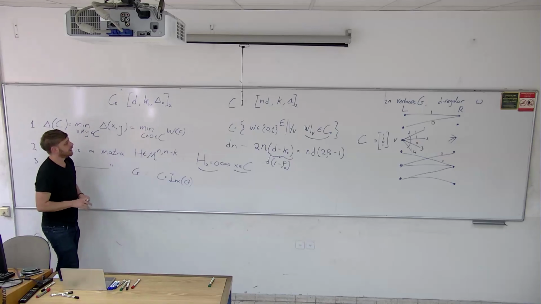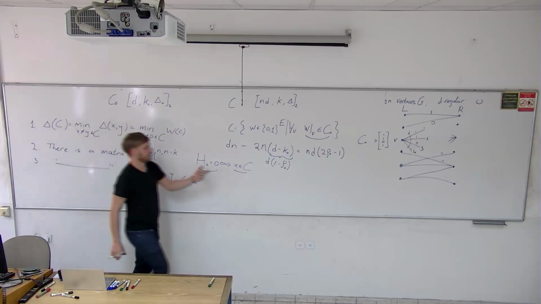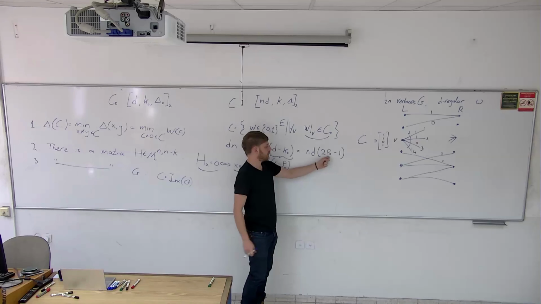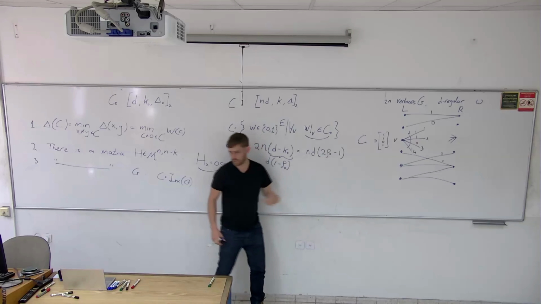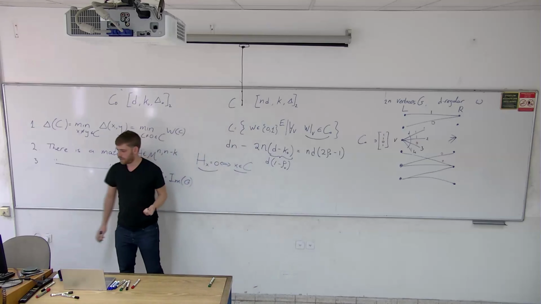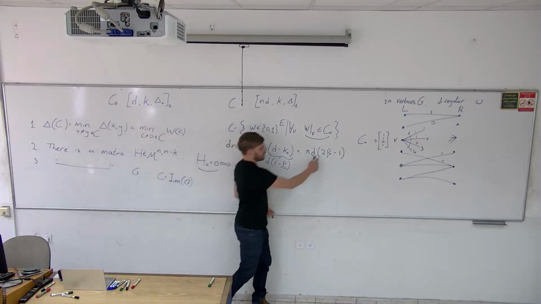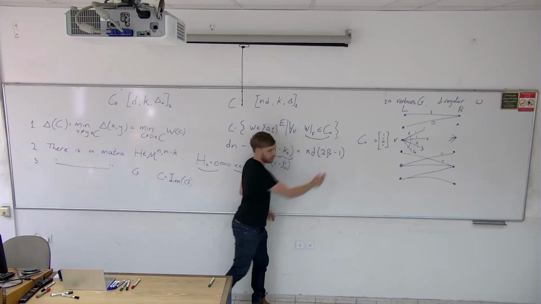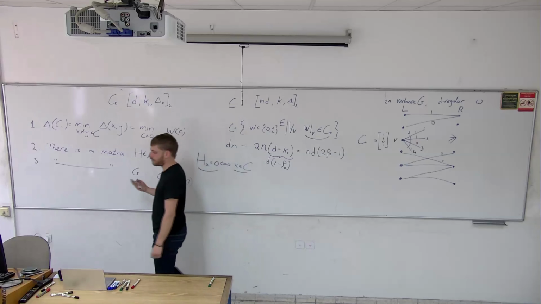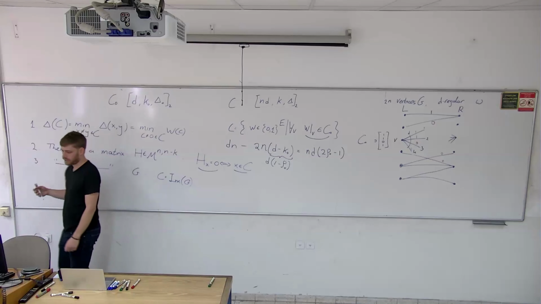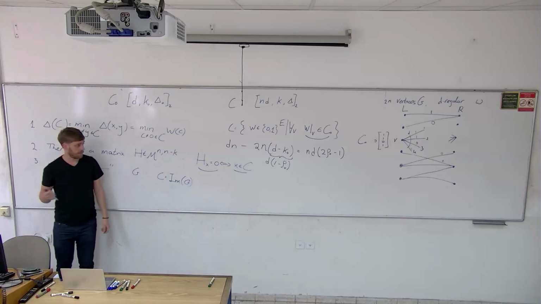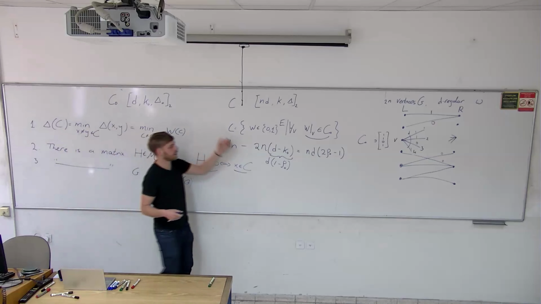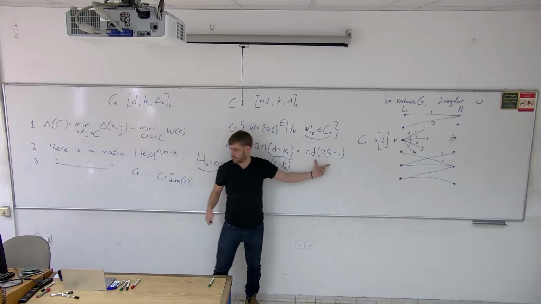Okay, so what can we see now? If rho 0 is larger than 1/2, then this term is larger than 0, and the dimension is positive. I have code words in my code, and I even computed the rate of the new code.